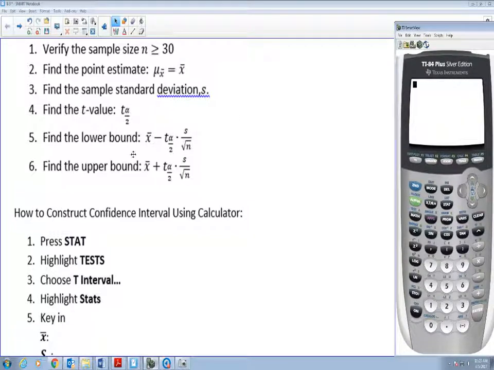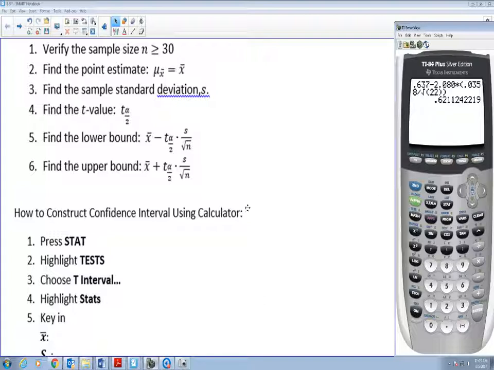Remember my point estimate was 0.637, minus my t value, 2.080, times parenthesis my sample standard deviation, 0.0358, divided by the square root of my sample size, 22. So this is my lower point, 0.621, just like the answer I got earlier.